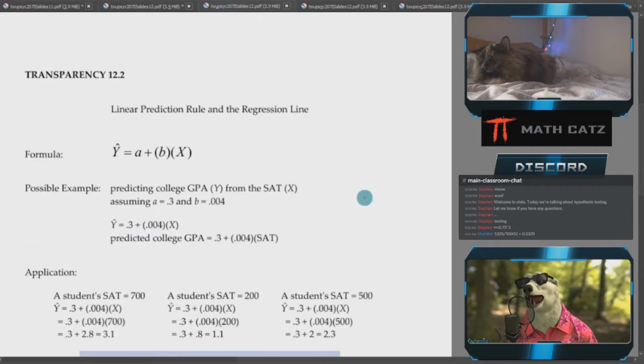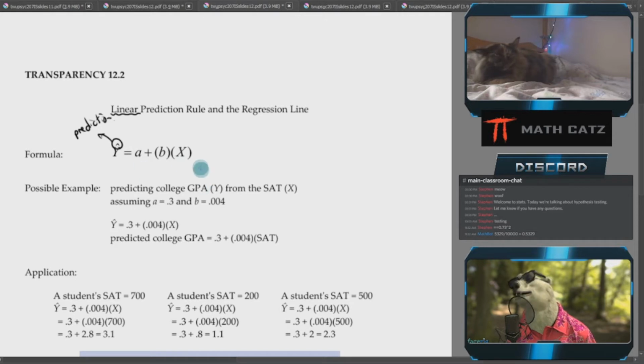However, if I just look at what notation we're going to look at first, we're going to use a little hat there to indicate that this is a prediction and it's not necessarily the corresponding y score that I get. I'm going to have a linear equation to describe that relationship.